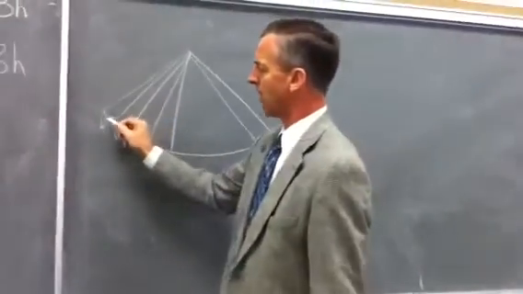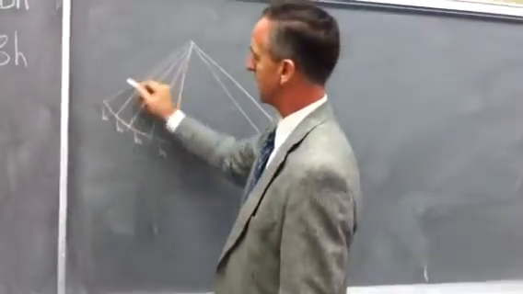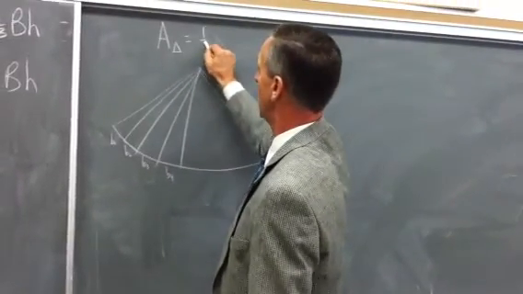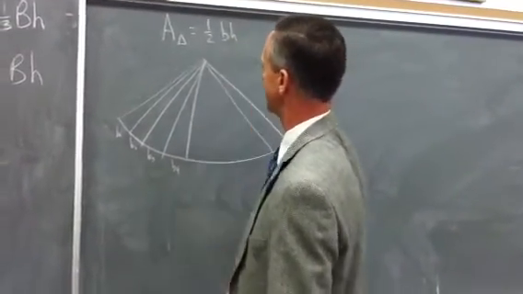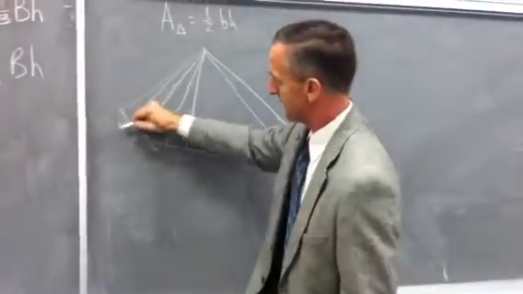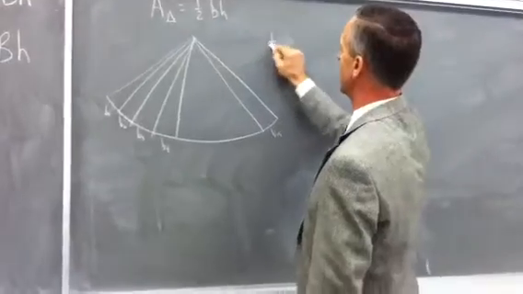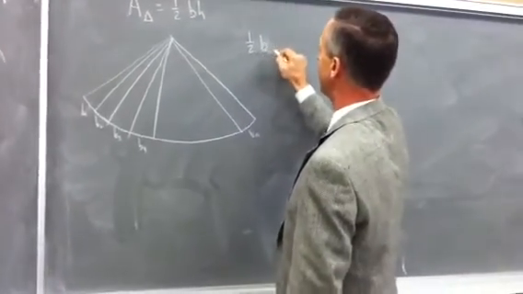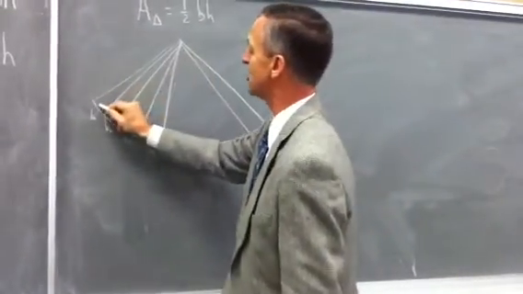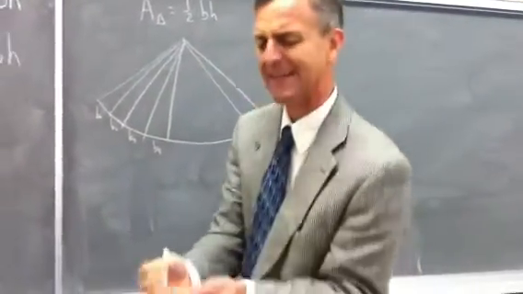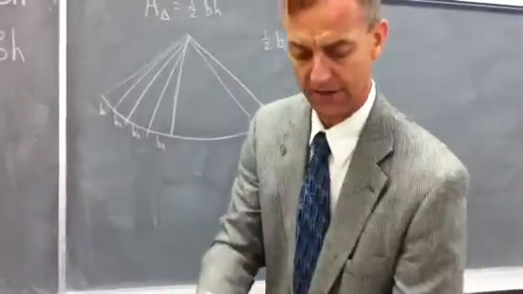So we remember our area formula for a triangle is 1/2 base times height. The base here is b1, so to find the area of this triangle, we'll go 1/2 b sub 1. The h, this distance, is what on this?